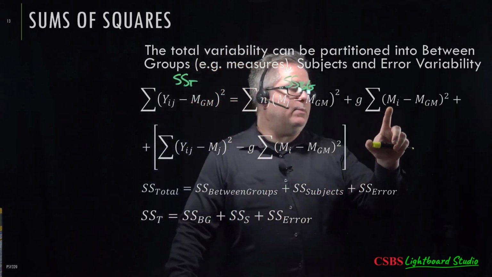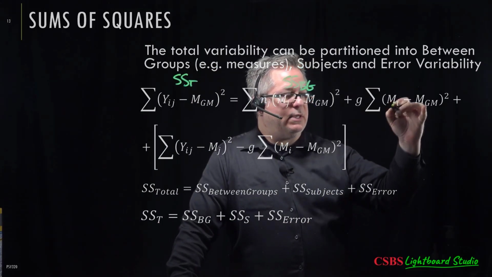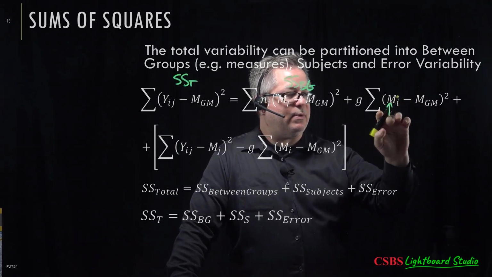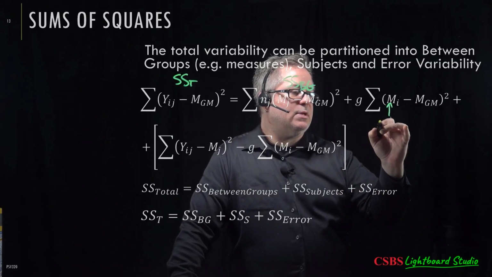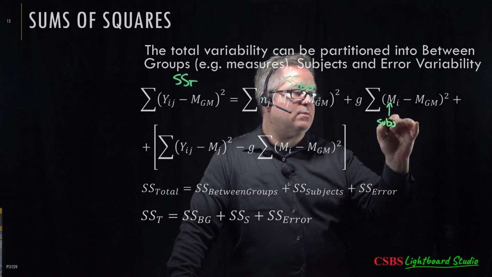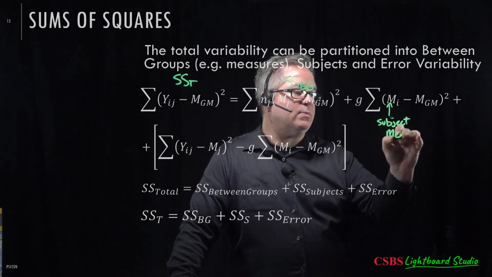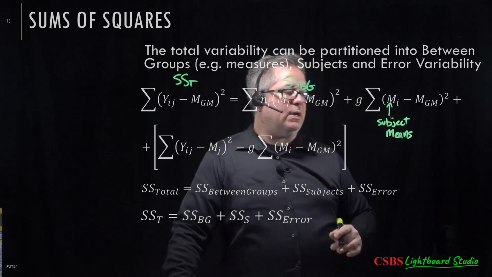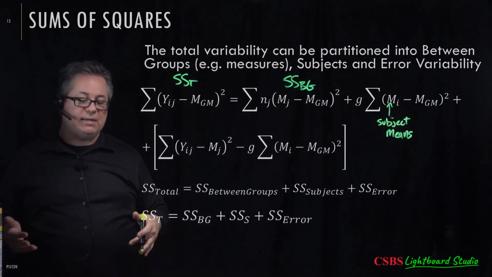Here's something we have not seen before, M sub I. So this thing here, because this is M sub I, this is the mean, something we haven't seen before, the mean of each individual. So this is our subject means. Okay, and that's new. It's something we have not seen in any of these equations because we normally don't take the means of each subject.